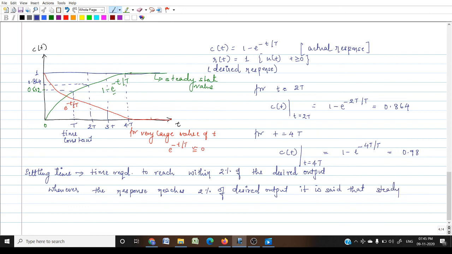So how do we say when we actually get a steady state? It is when your response is within the 2% tolerance of the desired output.